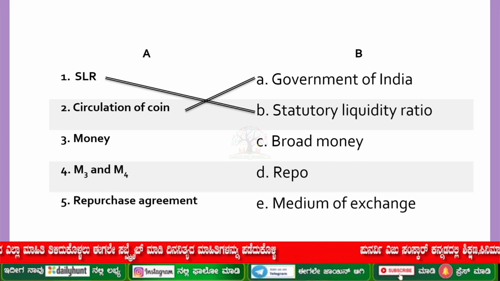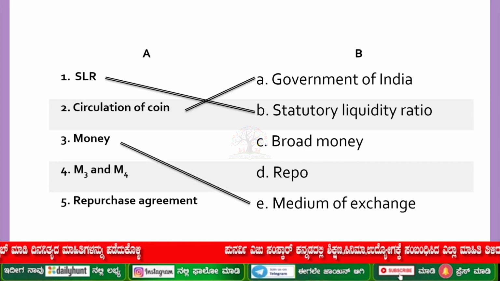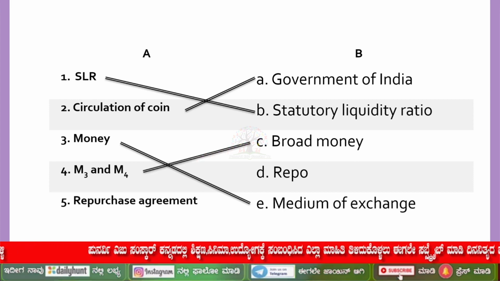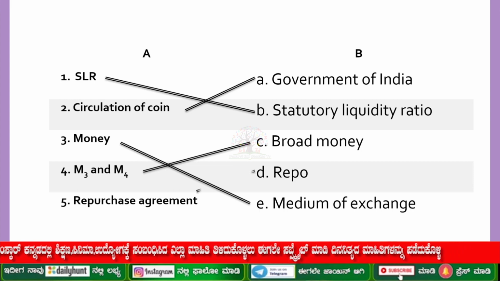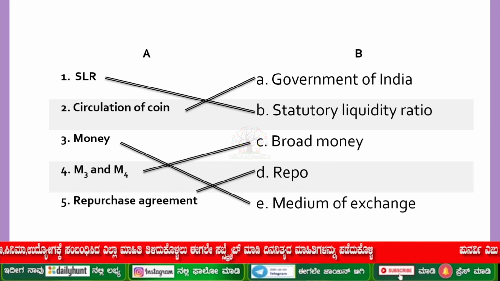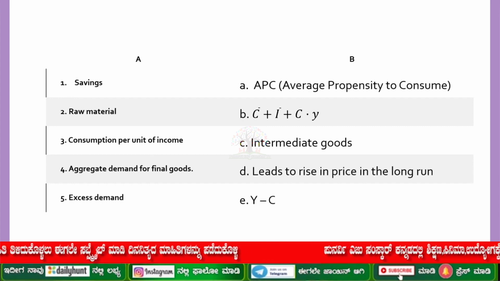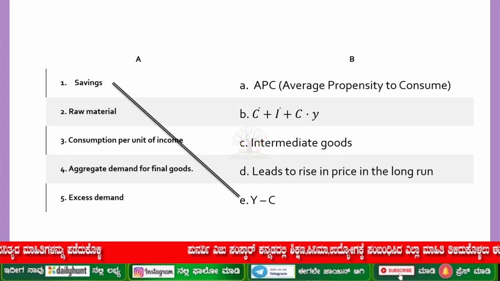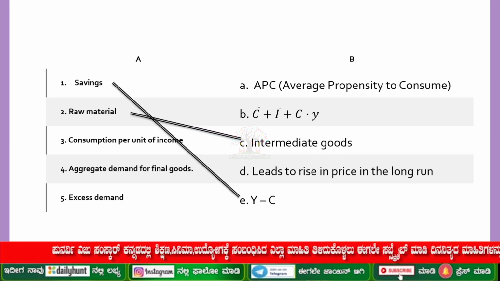Money: the main function of money is medium of exchange. M3, M4 are good examples of broad money. Repurchase agreement we call repo. Savings, that part of income which is not spent, that means Y minus C. Raw material is an intermediate good.